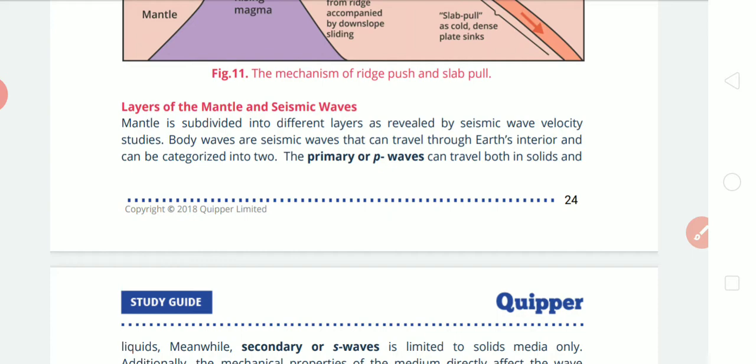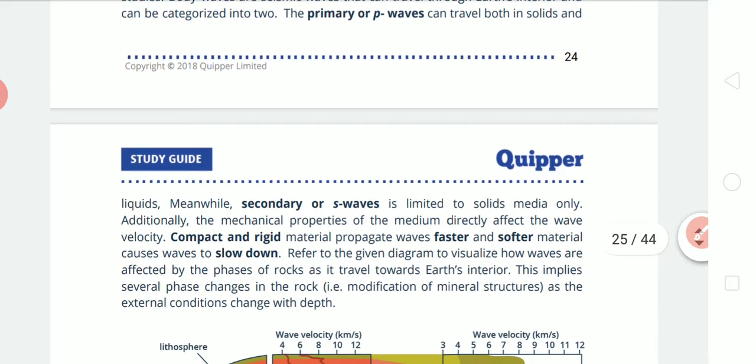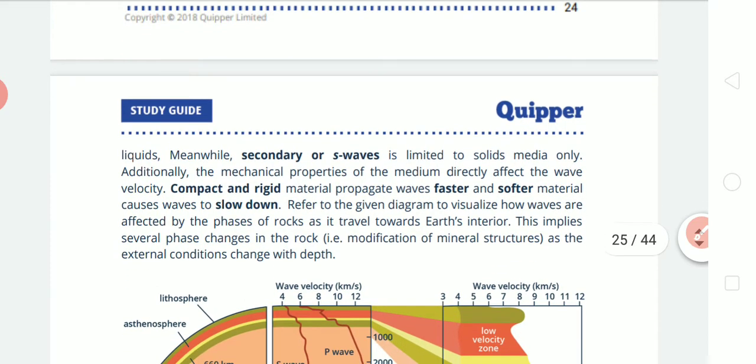On the other hand, secondary waves or S waves, it can only travel to solid medium. Additionally, the mechanical properties of the medium directly affect the wave velocity or ang kapaspason o ang kakusgon sa movement sa isa ka seismic wave.